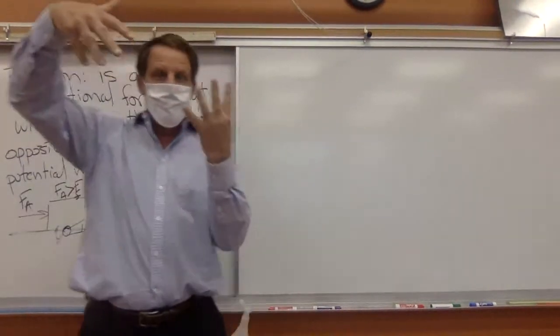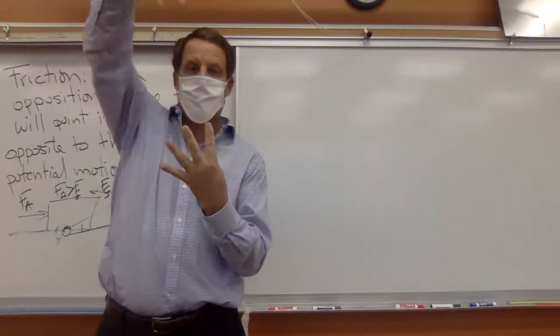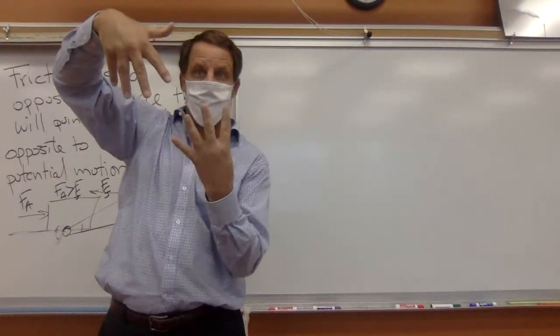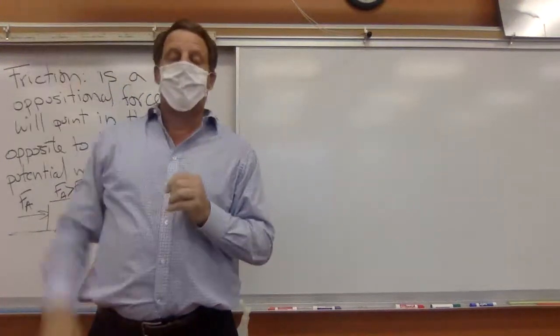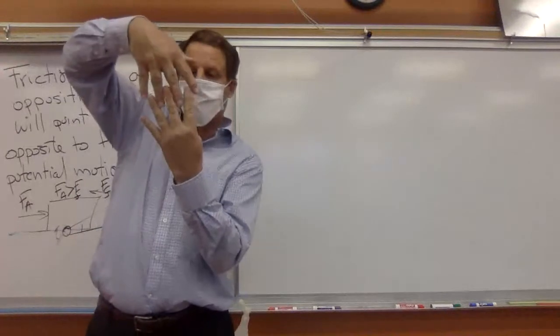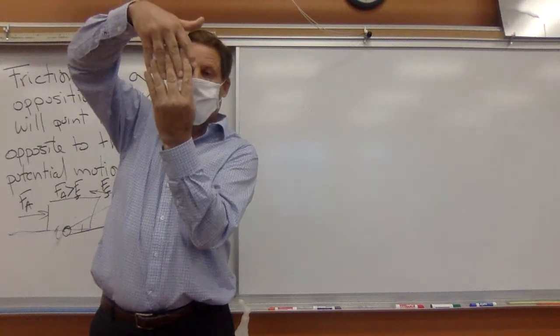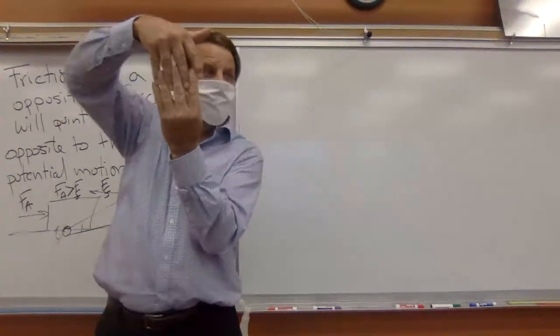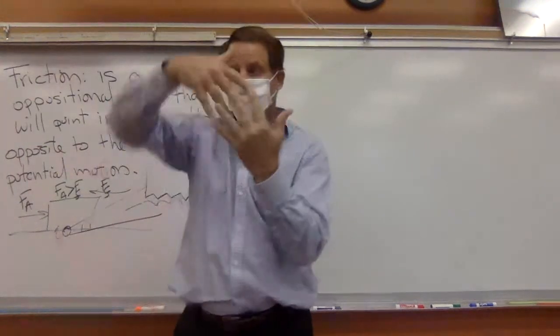So if I use my two hands here, and here are all the irregularities of the block, and here are all the irregularities of the ground, they kind of intermesh to a certain degree. As we push here, there's going to be a resistance to that motion between those two surfaces.